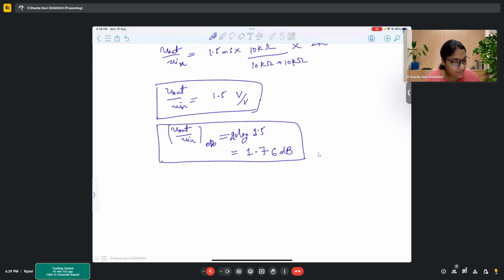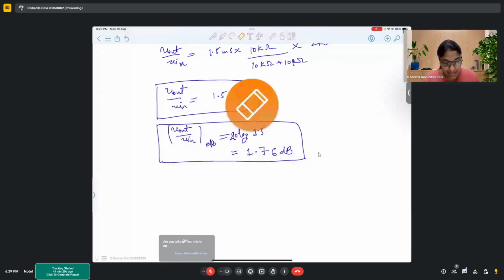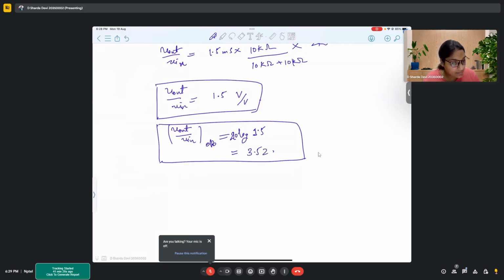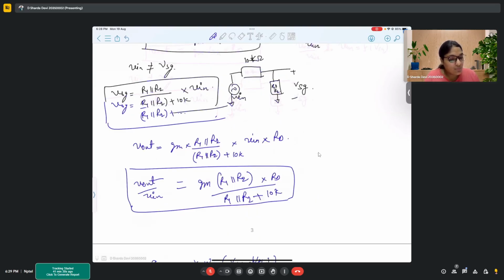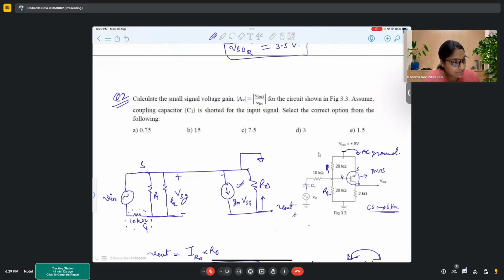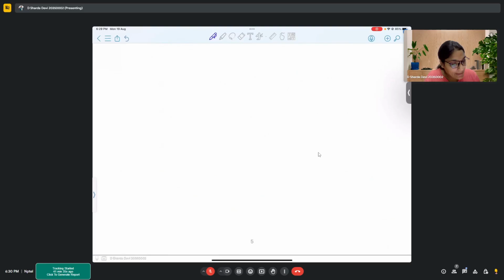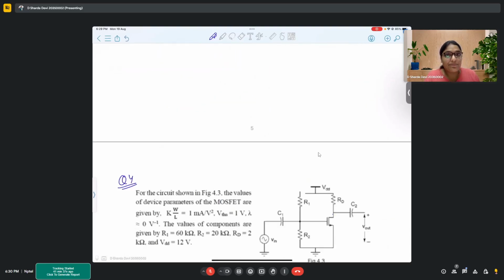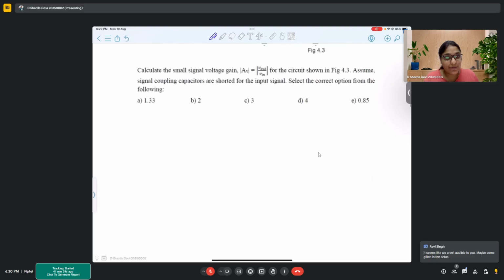Okay, so with 20 log, because it is voltage gain, it would be 20 log, and the value is 3.52 dBs. So the voltage gain is 3.52 dBs, and yes, it should be 20.